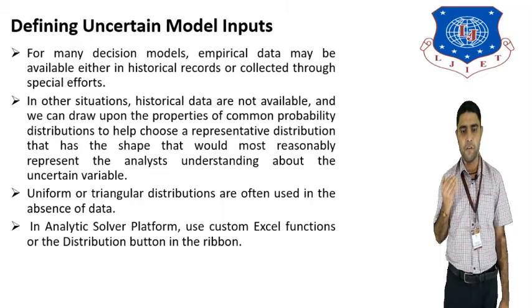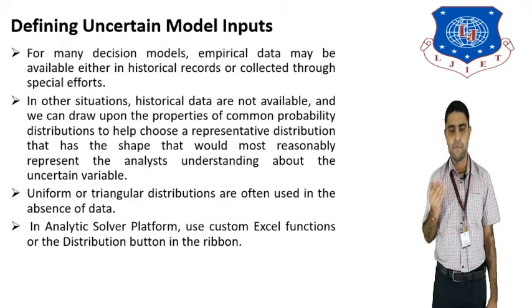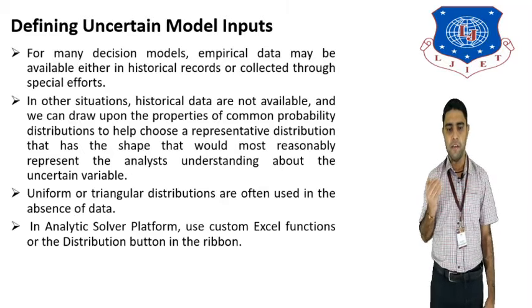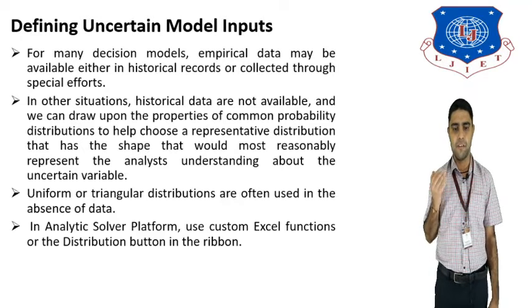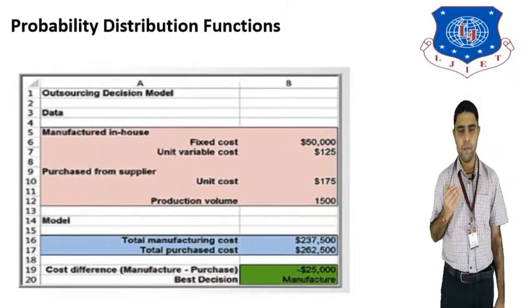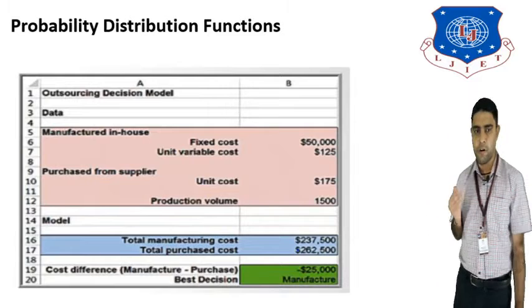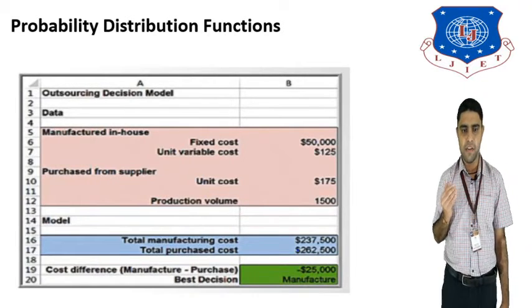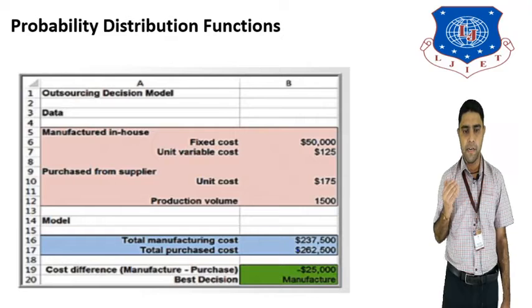In Analytic Solver Platform, use custom Excel functions. In that software, the custom Excel function is used through the Distribution button in the ribbon, which is shown in the figure of the probability distribution function. Here is the outsourcing decision model, where data is used.